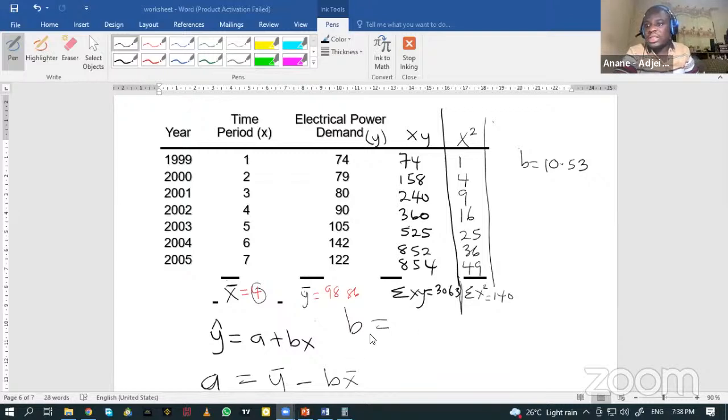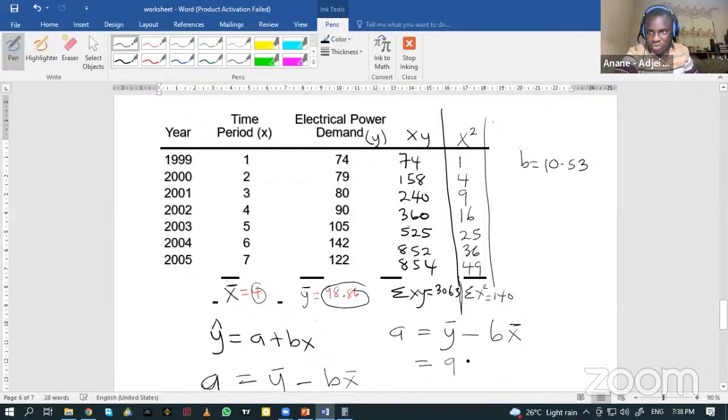Now, let's see A. How do we calculate A? A is equal to Y bar minus B X bar. So what is our Y bar? From our calculation, our Y bar was 98.86.